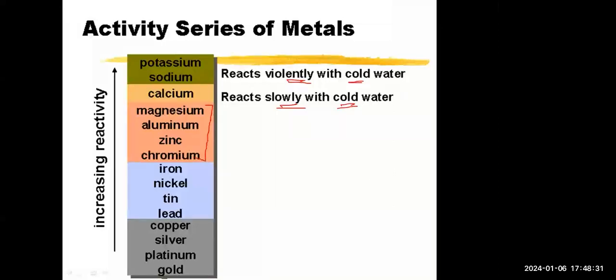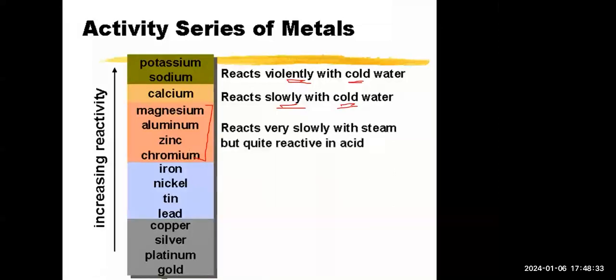You can see earlier it was a violent reaction with cold water. Now it is a slow reaction with cold water. These four, magnesium, aluminium, zinc, and chromium, react very slowly with steam. Now it is no more cold water, it is steam. Still, the reaction is very slow, but they are quite reactive in an acid. Iron, nickel, tin, and lead are moderately reactive even with high levels of acid.